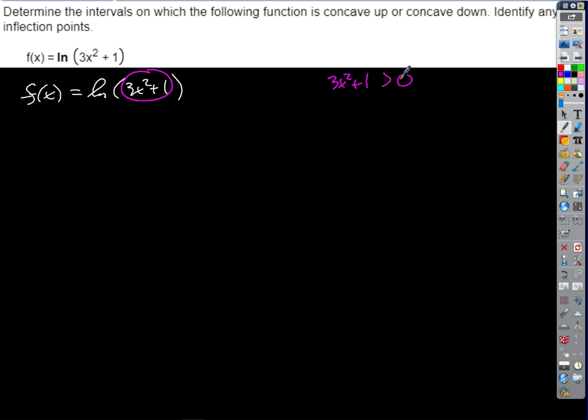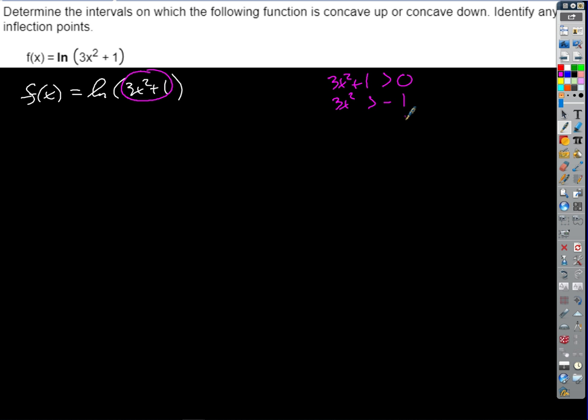Okay, so what can we get for this? We go to isolate x. We just have to solve that for x, right? So we're going to get 3x squared is greater than -1. When's that true? Always, isn't it? Everybody agree?